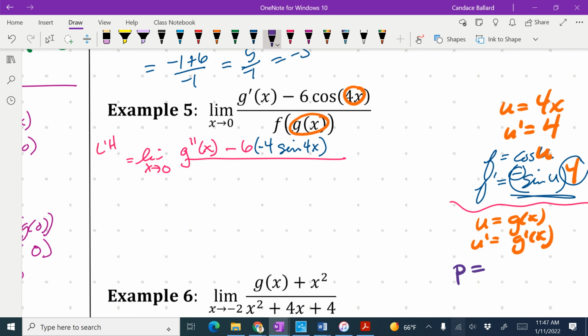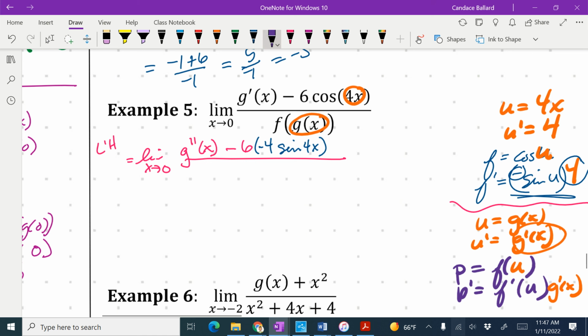P. P equals f of u. P prime equals f prime of u, and then times what? G prime of x. Okay, and then I'm going to rewrite it nice underneath here. So we have f prime of, instead of u, we're going to write g of x, and then times g prime of x.